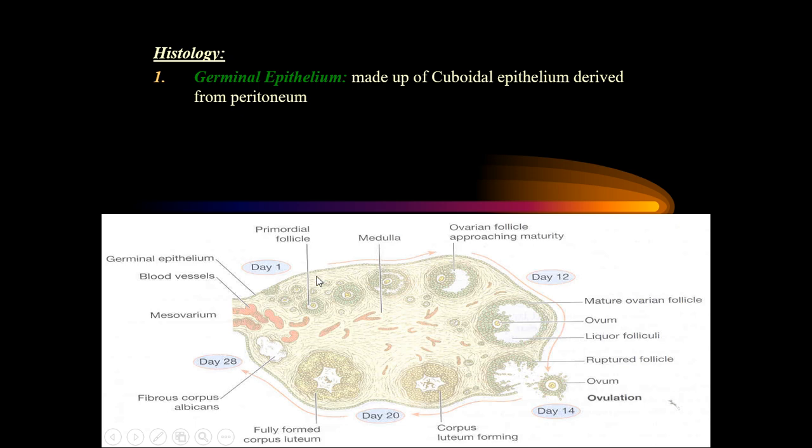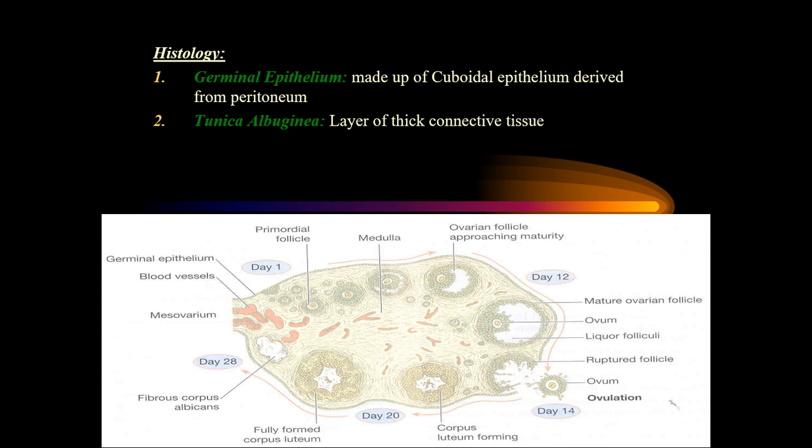So it is completely covered by the peritoneum, and this is modified into germinal epithelium, and it is made up of cuboidal epithelium. If you can see here, this is called the germinal epithelium. It is nothing but the peritoneum, lined by cuboidal epithelium.